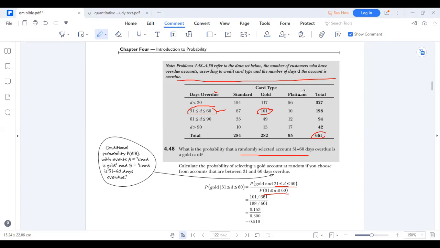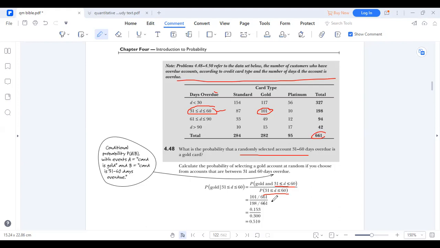Okay, so this is what this one is all about. This is on the aspect of conditional probability.